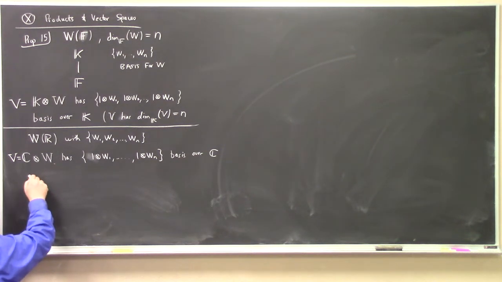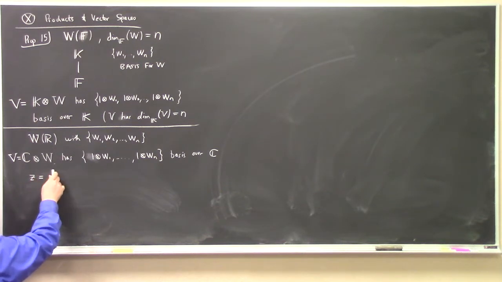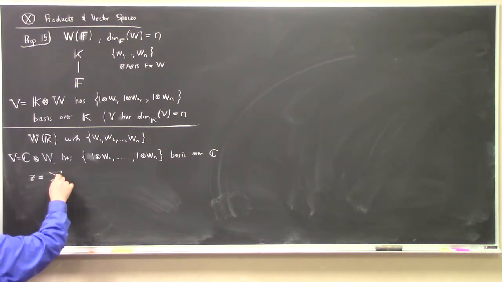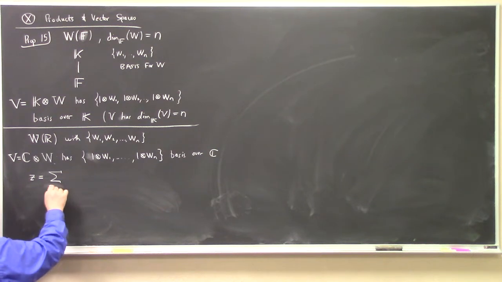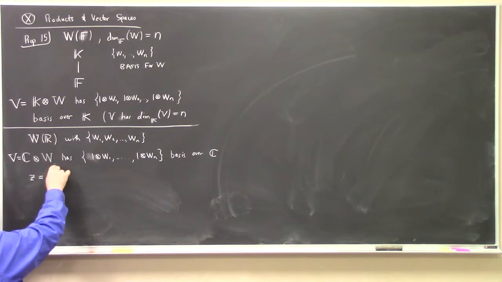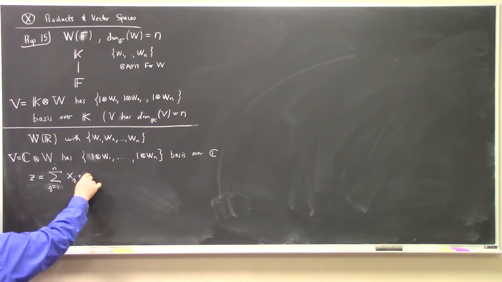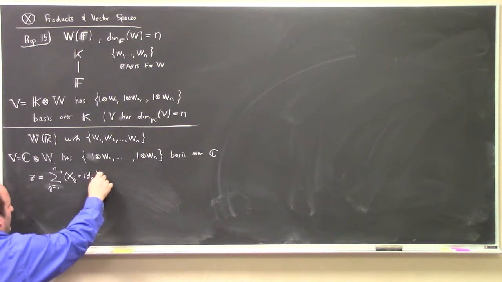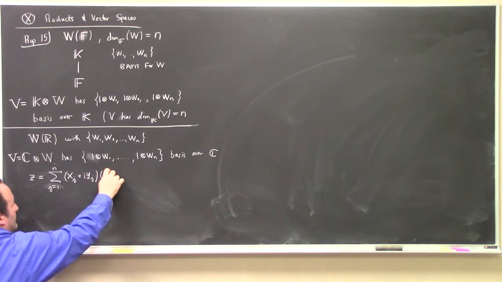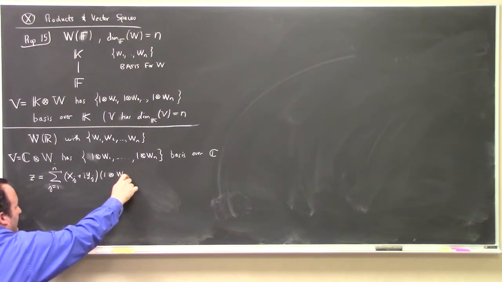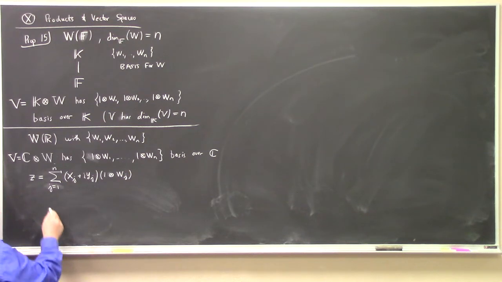It would be something like, let's say z equal to the sum, j equals 1 to n, of (x_j plus i y_j) multiplying 1 tensor w_j. And that, yeah, this was the point.